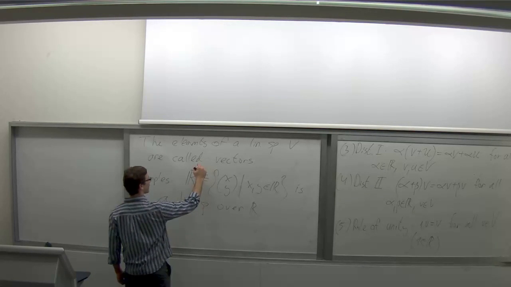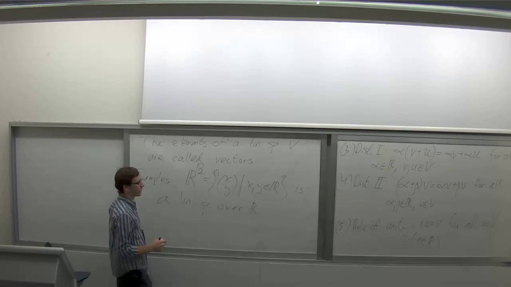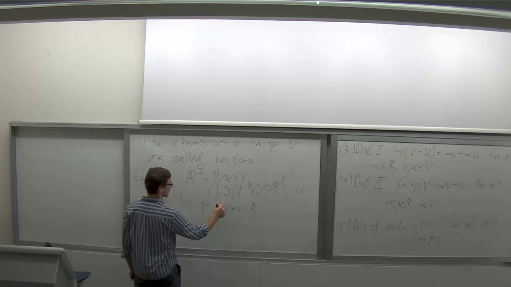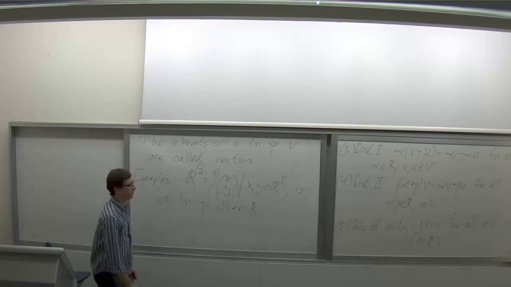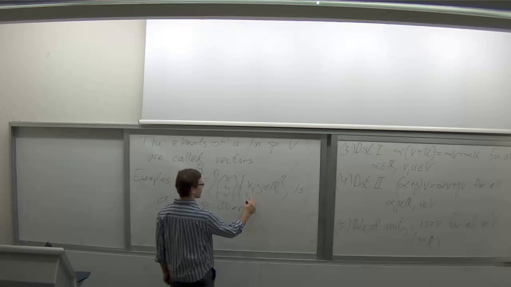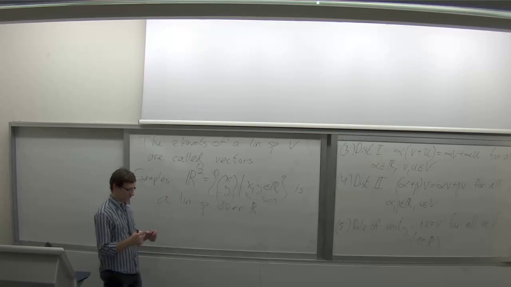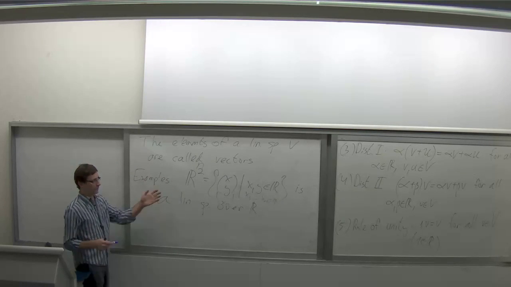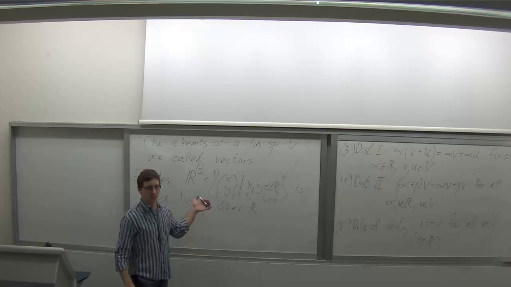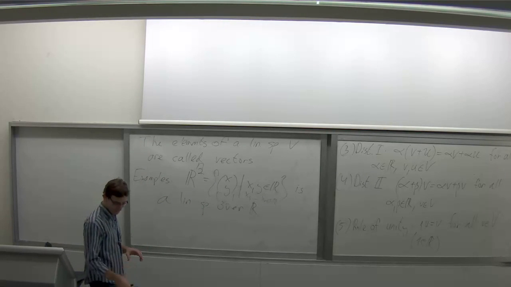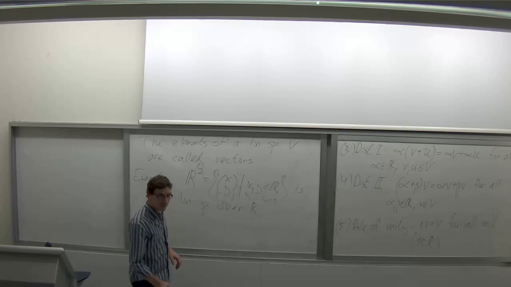If I write here n instead of 2, so I get (x1, ..., xn) with x1 to xn in R, it is also a linear space over R. This is what we discussed till now. This is the main linear space we saw till now, and it's just an example for a linear space because there are many other things that are linear spaces.